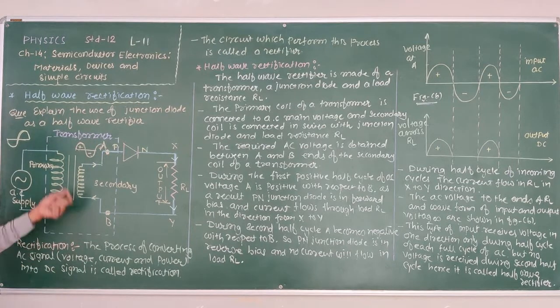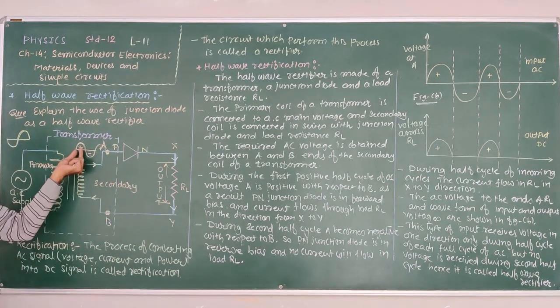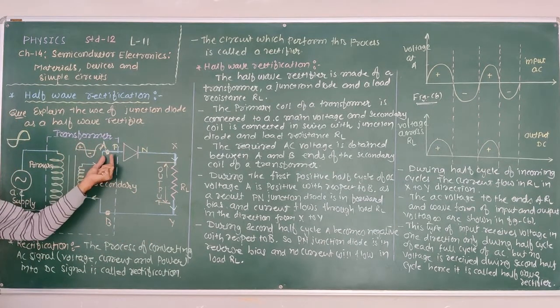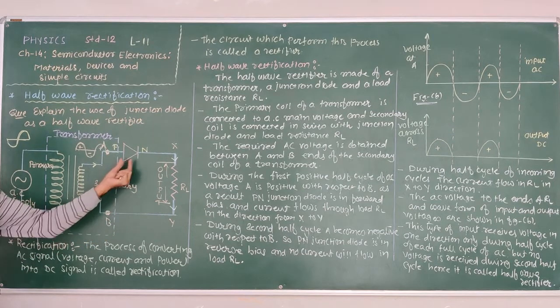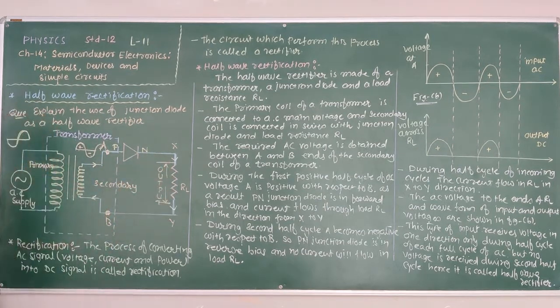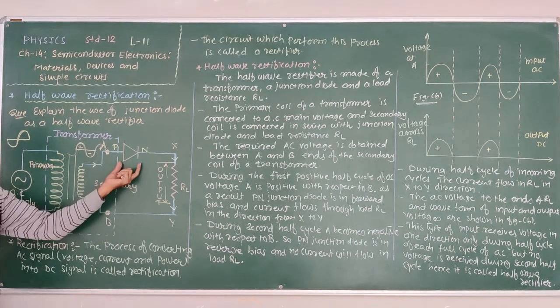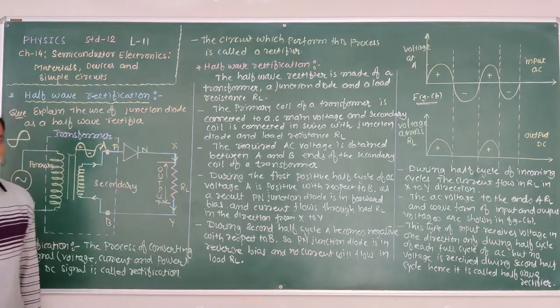During the positive half cycle of the incoming cycle, the current flows through RL, because the next cycle is positive. Again A becomes positive, B becomes negative. The PN junction diode is in forward bias, and current flows through RL. The next cycle is negative. Again A becomes negative, B becomes positive. The PN junction diode comes into reverse bias, and no current flows.